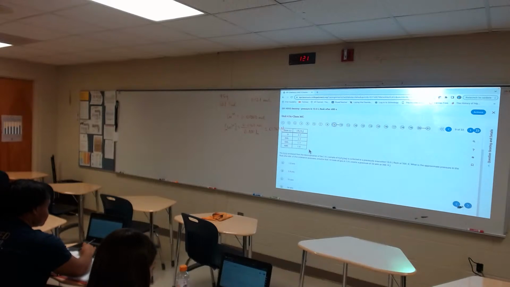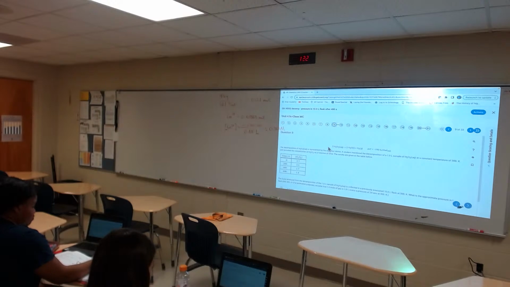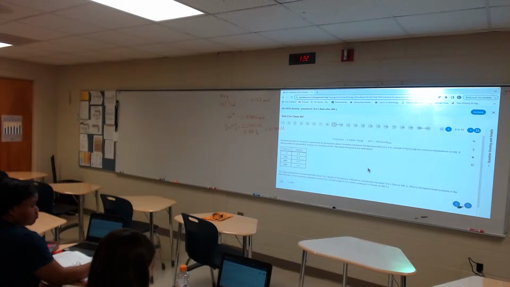Okay, so at 400 seconds, the concentration of peroxide has dropped by 1, right? It's a 1 liter sample, so that means it's lost 1 mole, which means we've produced a half a mole of oxygen.